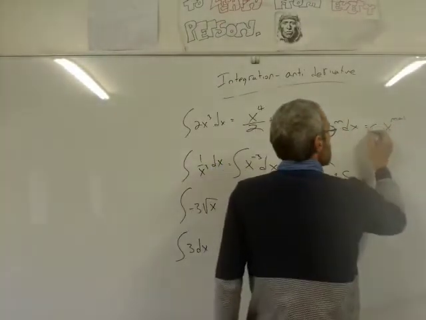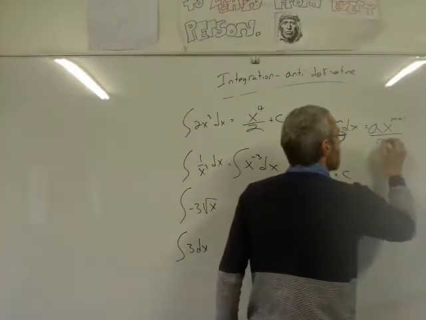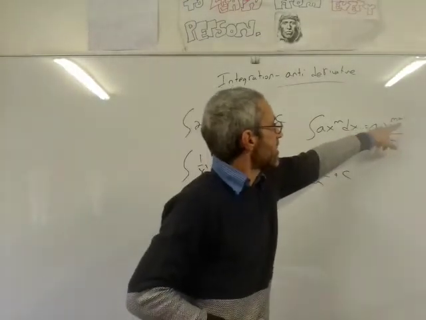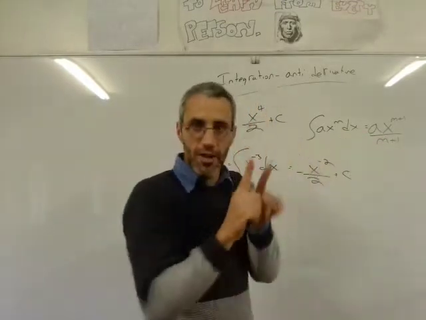I still want to have that a as the constant, but I also need to divide by n plus 1, because when I do the derivative of this, the n plus 1 will be divided by n plus 1, giving us 1.